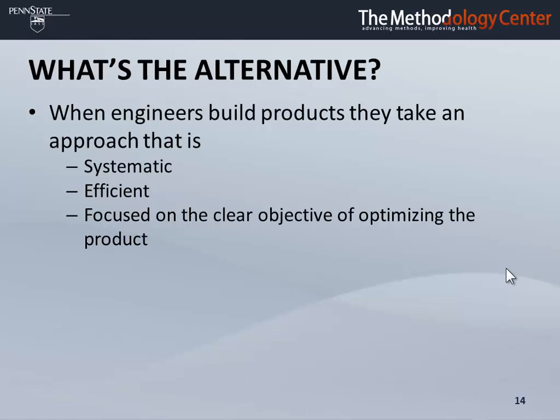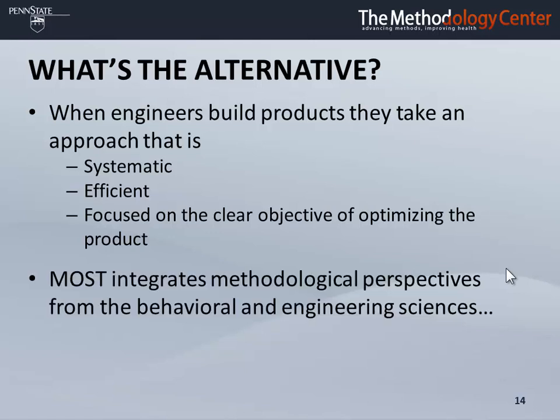They take an approach that's very systematic, that emphasizes efficiency of the approach and also efficiency of the product, and that's focused on the clear objective of optimizing the product. I'm going to talk more about what I mean by that. So the multi-phase optimization strategy, which is what I'm here to talk with you about today, integrates these methodological perspectives from engineering and also from the behavioral sciences.